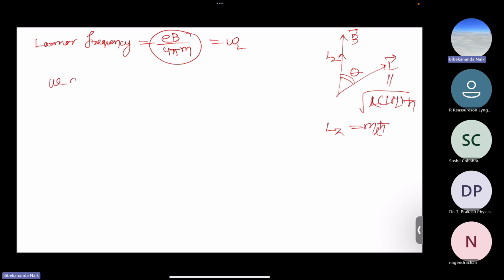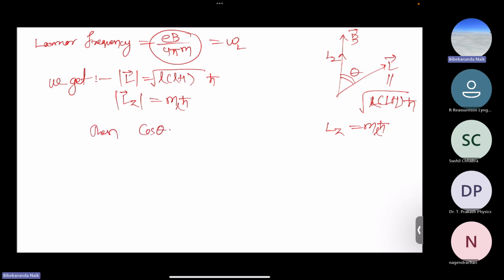So we get the magnitude of L as root over l into l plus 1 times h cross, and the magnitude of Lz as ml h cross.